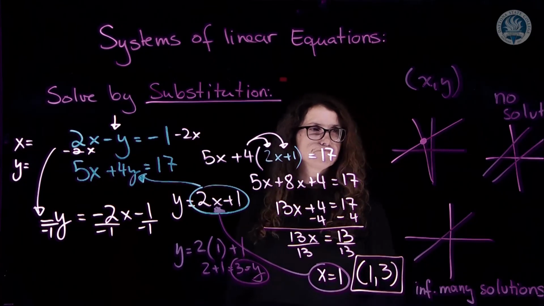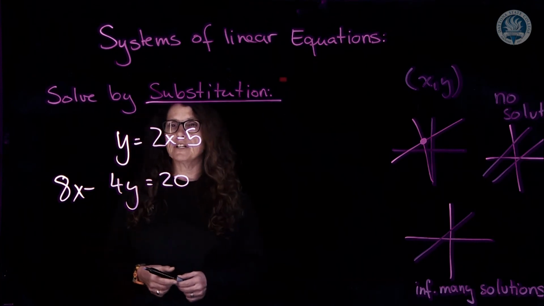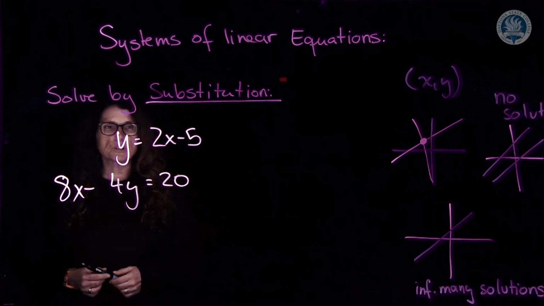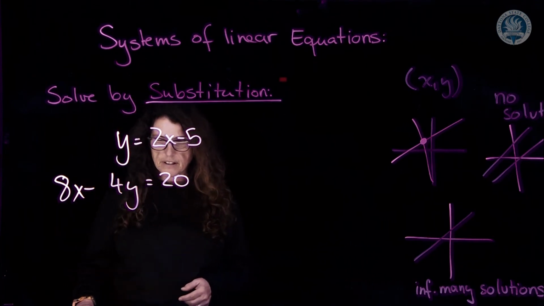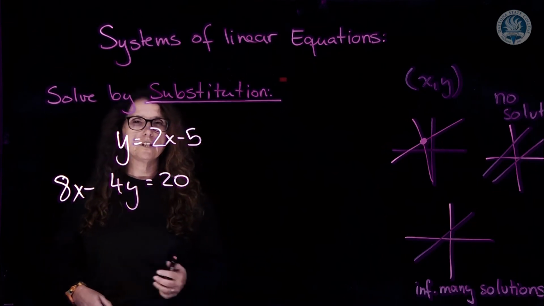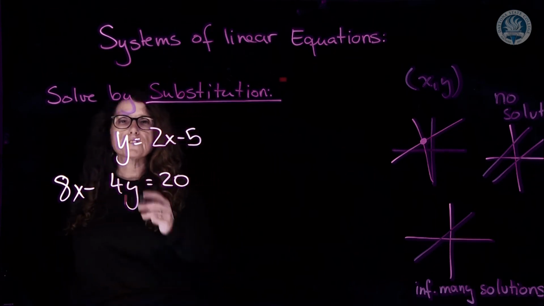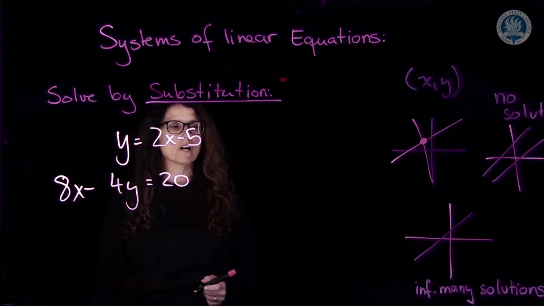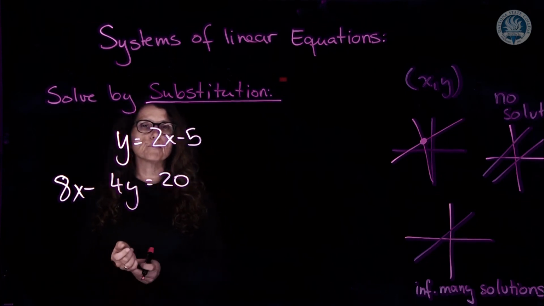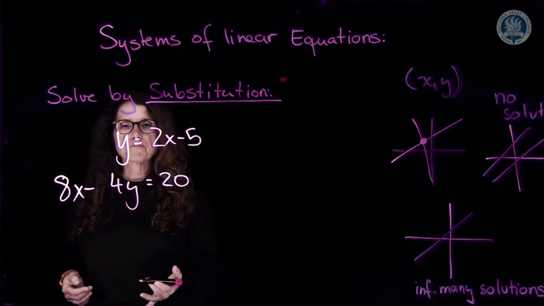Just like so. Here we have another system of linear equations, so let's solve this one by substitution as well. As you can see, we do not have to isolate here because our first equation already says y equals, so the setup is perfect. All we need to do here is substitute.